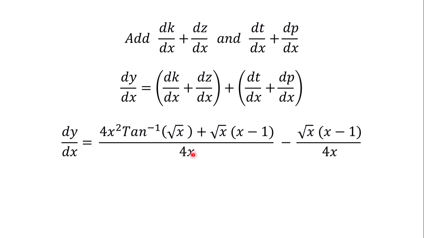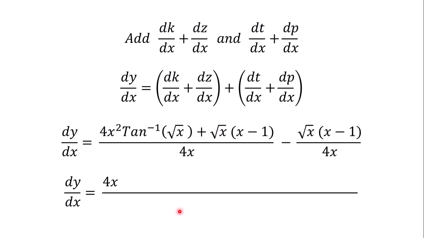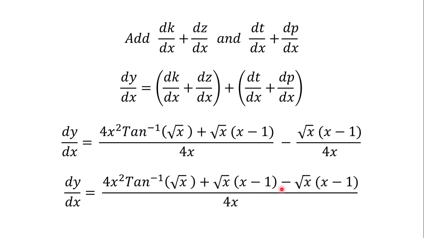We just write one of the denominators, and then we just add or subtract the numerators. So let's do that. dy over dx is equal to 4x squared tangent inverse of square root of x plus square root of x into bracket x minus 1 minus square root of x into bracket x minus 1.